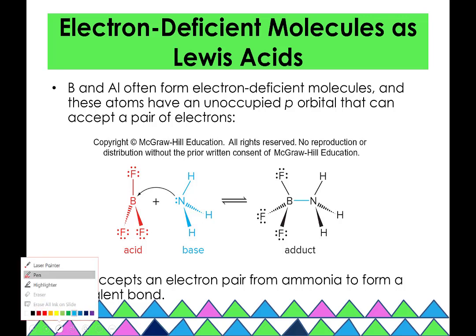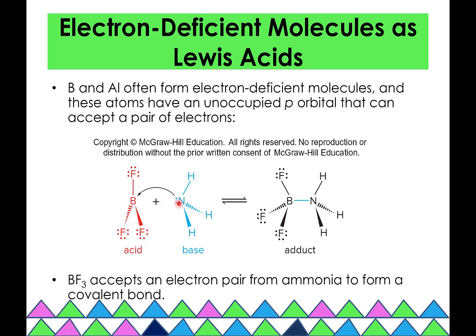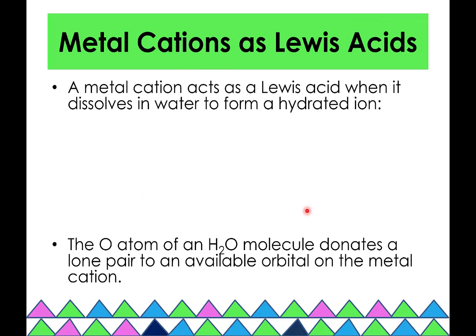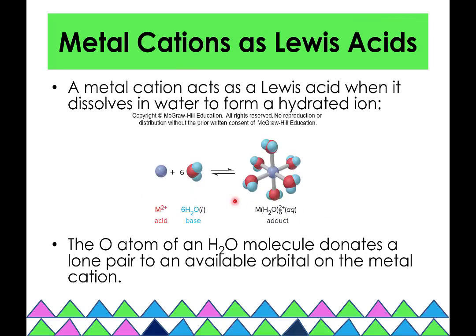So this was the example that I was just showing you. The lone pair on ammonia can donate electrons to BF3, boron trifluoride, and form this adduct. And this is what we call a coordinate covalent bond. So boron essentially has an unoccupied p orbital that can accept a pair of electrons from nitrogen. And so because it has that unoccupied p orbital on boron, this Lewis acid-base reaction can take place. Okay, another example is some metal ion.